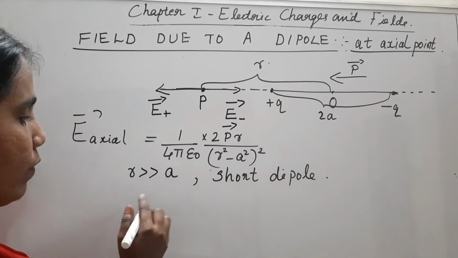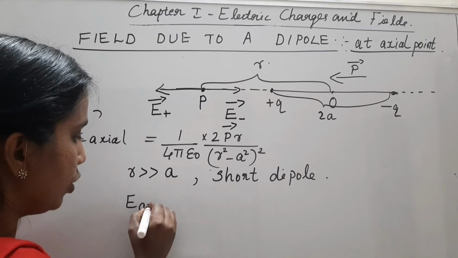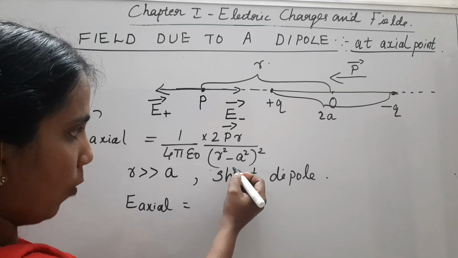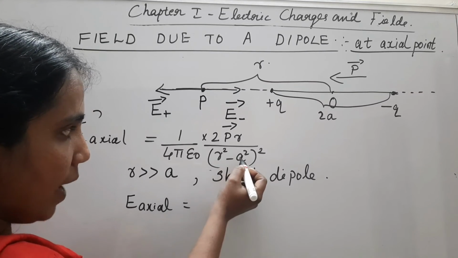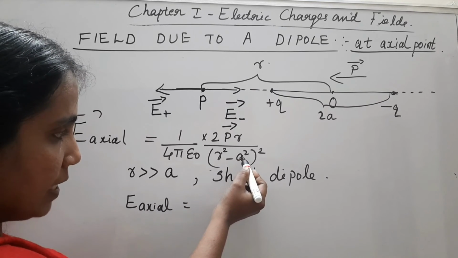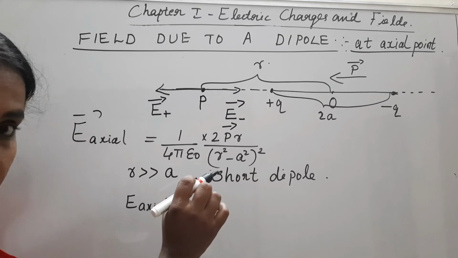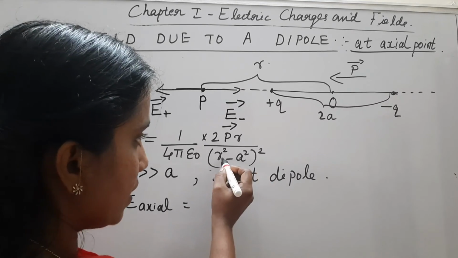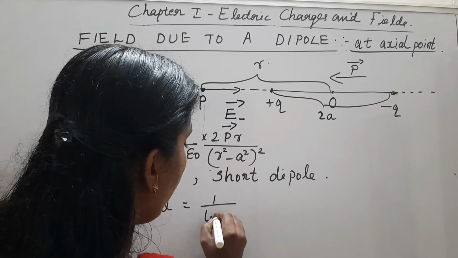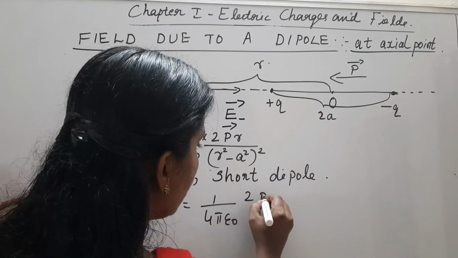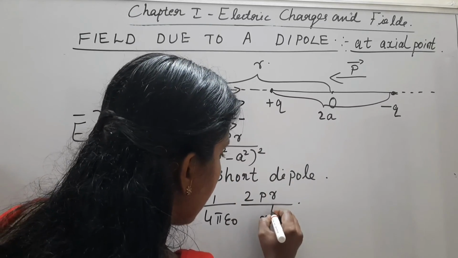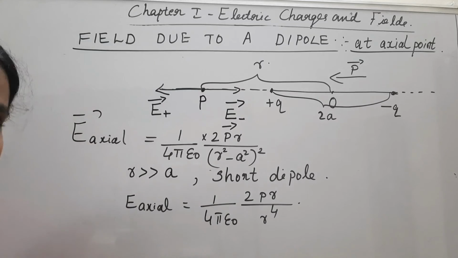In that case, what will be the axial field? The magnitude part I am writing. E axial is equal to, in the denominator, r square minus a square. Since r is very much greater than a, in the denominator that a can be neglected in comparison with r. So the expression becomes 1 by 4 pi epsilon 0 into 2pr divided by (r square) whole square, that means r raised to 4. a square we have neglected.